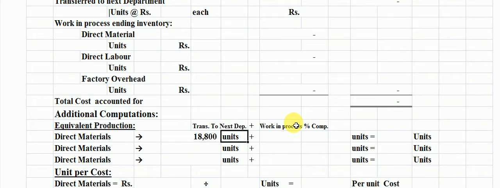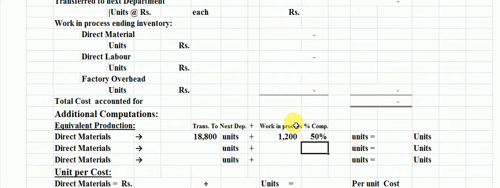Now we have to find out the completion of units in work in process ending inventory, which is 1,200. The degree of completion of work is 50%.